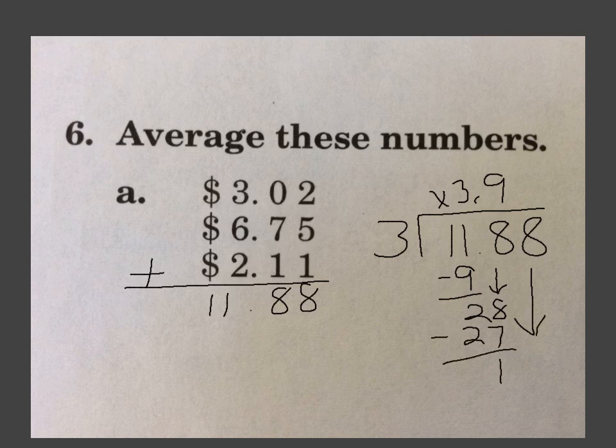And how many times does 3 go into 18? 6 times. So, and put your dollar sign here. You have your decimal already, and your average is $3.96. Hopefully you make it much neater than Mr. Fitt did.